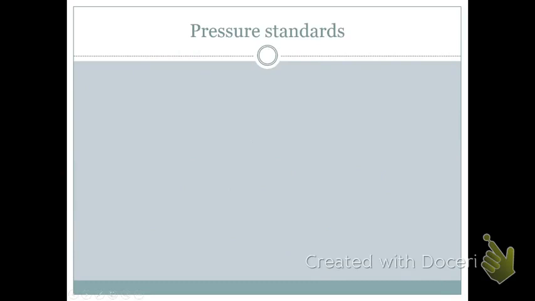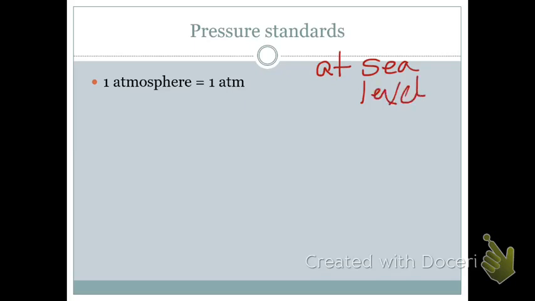Pressure, there are standards at what we call standard temperature and pressure. When we look at pressure, we find that at sea level, and again, let me make sure I write that down so that you write this down, at sea level. Make sure you understand that.